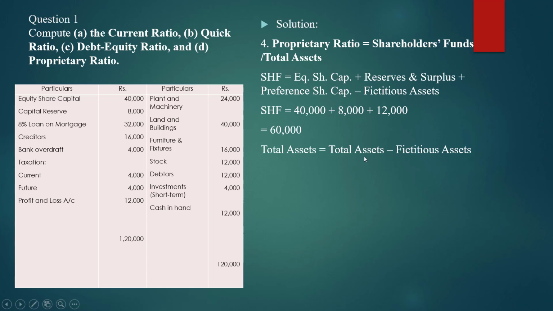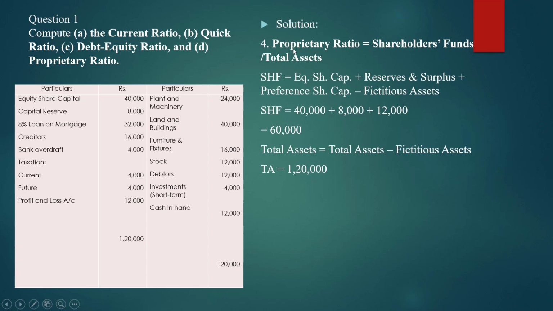If there are any fictitious assets, they have to be deducted from total assets. Now total assets will be all the current assets plus the fixed assets. When we calculate total assets we get 1,20,000. That means on the asset side we have all assets, that is all current assets plus the fixed assets. So the total we can also find from here, that is 1,20,000.